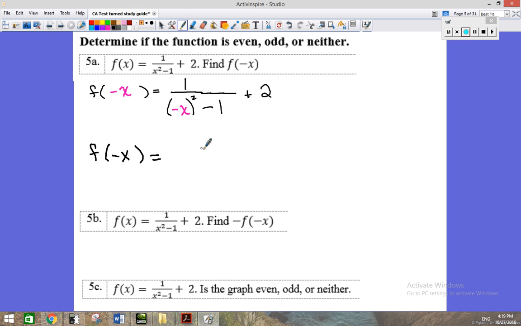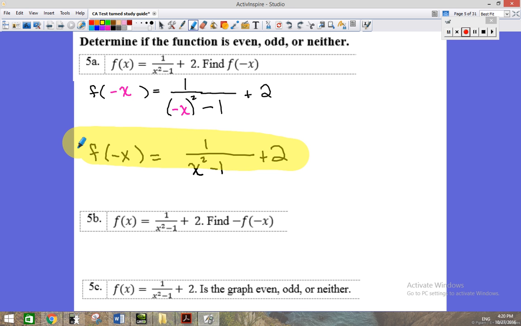Well, 1 in the numerator, that's already simplified. What does it mean when the base is negative x being squared? Well, it means negative x times negative x, and negative times negative is positive. That first term there just simplifies to x squared. Then it's minus 1, and then it's plus 2. And there's my answer for part A.